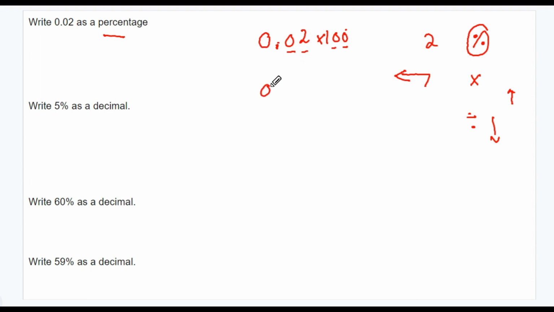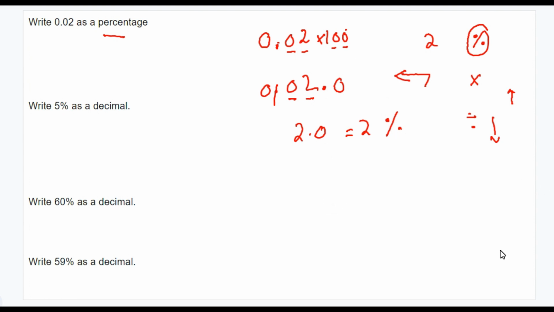Now it becomes 2.0, which means 2. So now I have changed it into a percentage, and I can write 2%.